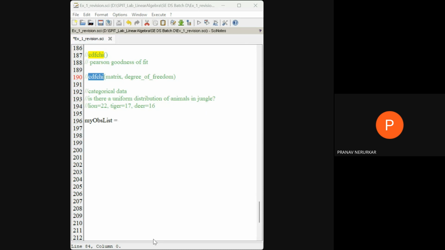If you are using Python, then there is SciPy, there is statsmodels, there is ResearchPy, there is Pingouin. Such kind of packages you have to import, because these statistical functions are not present in the basic distribution of Python. It is not an inbuilt library of Python.